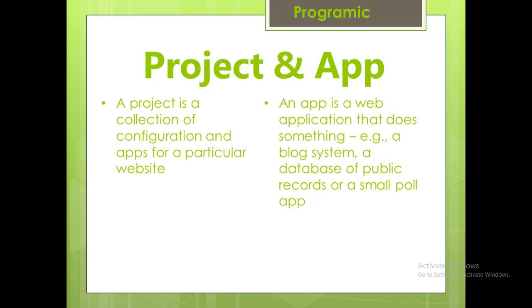So here we'll be talking about project and app. What is a project? A project is a collection of configuration and apps for a particular website. A project is a folder that contains configurations for that project and apps. So an app is a web application that does something like a blog system, a database for public records, or a small poll, or even an admin site.